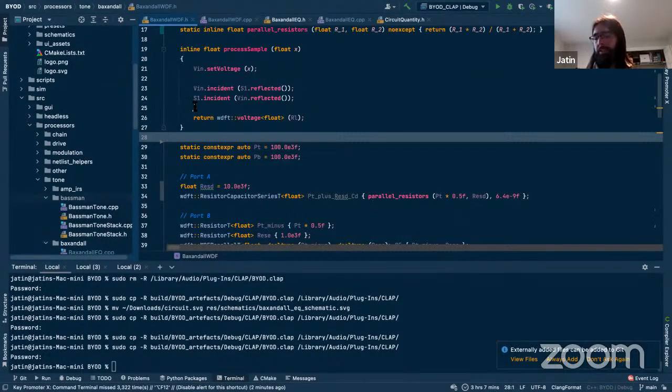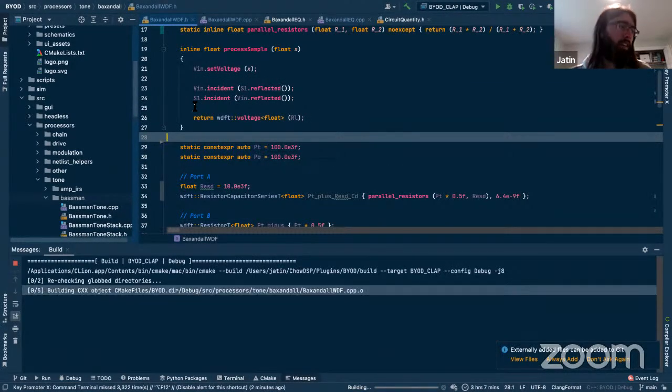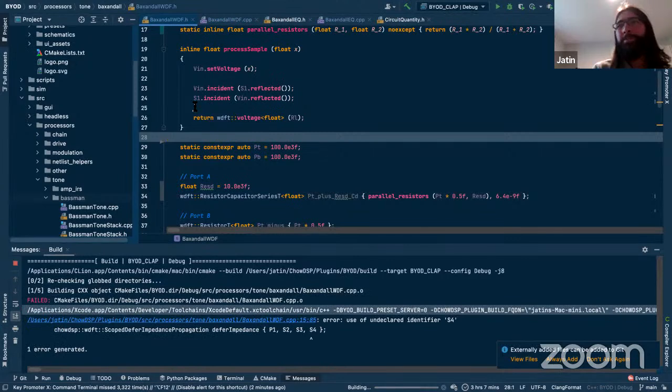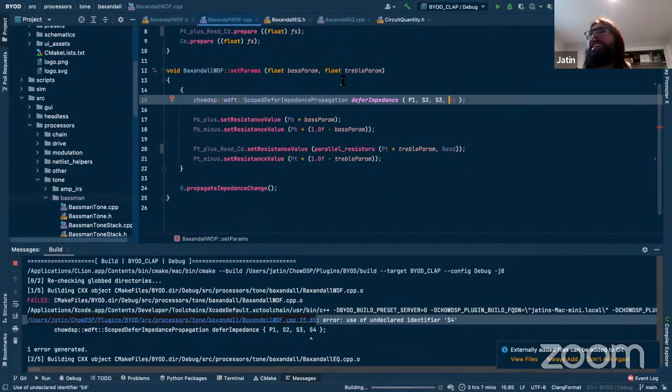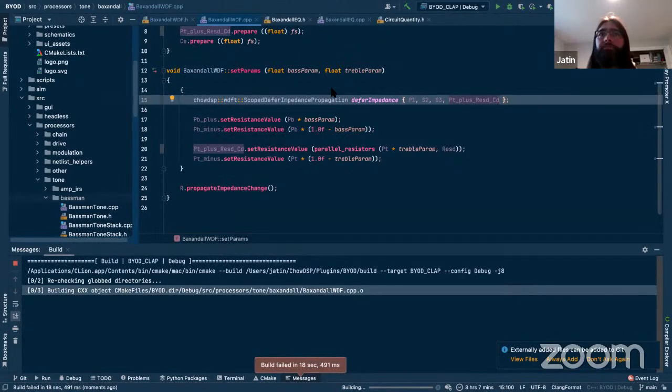Now we can build and test again and make sure I didn't break anything important. Hopefully I didn't, but we'll find out. Nope, I did. Okay, we can just swap that in as well. Cool.